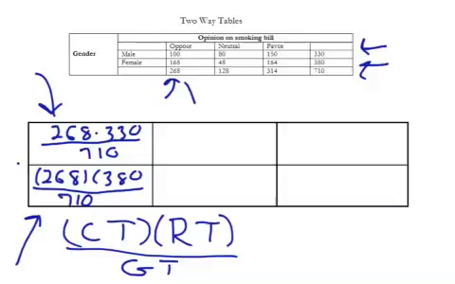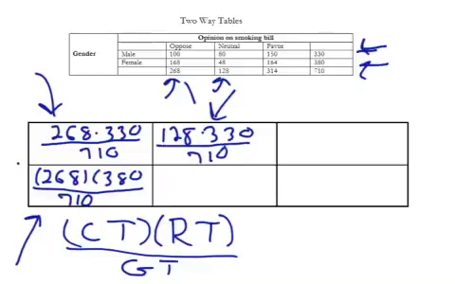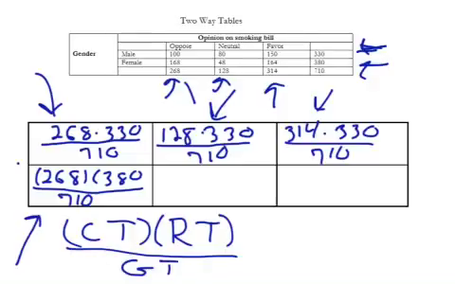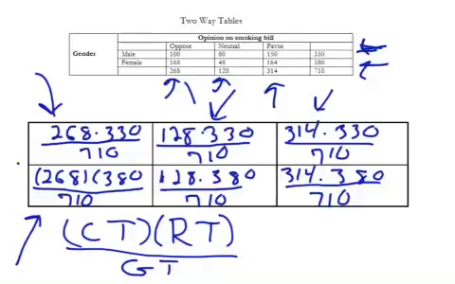Now when we get to the middle here, we'll use 128 and 330 and divide by 710. Let's get this one, then we'll move on. We would take 314, multiply by 330, and divide by 710. And then we'll get out our handy dandy calculator and figure out what those are.